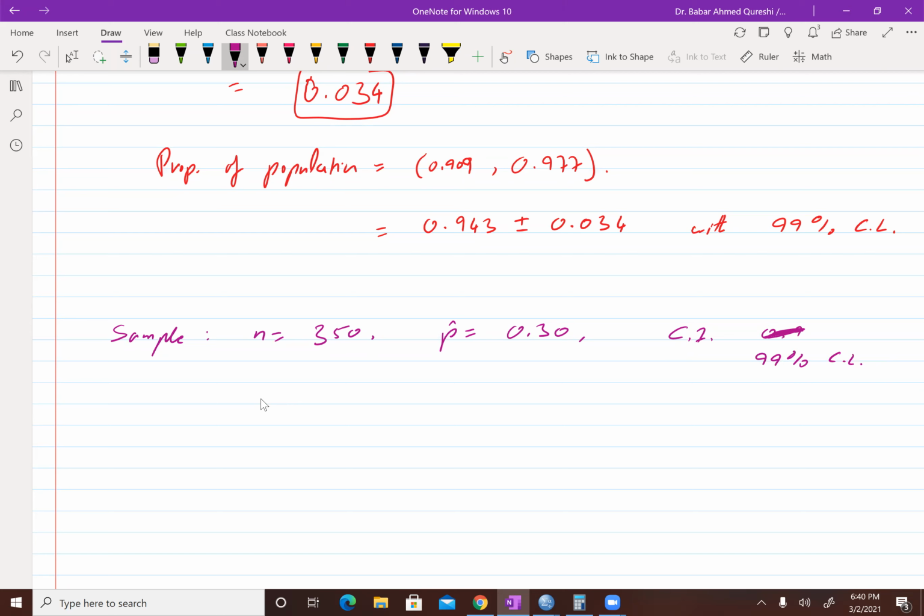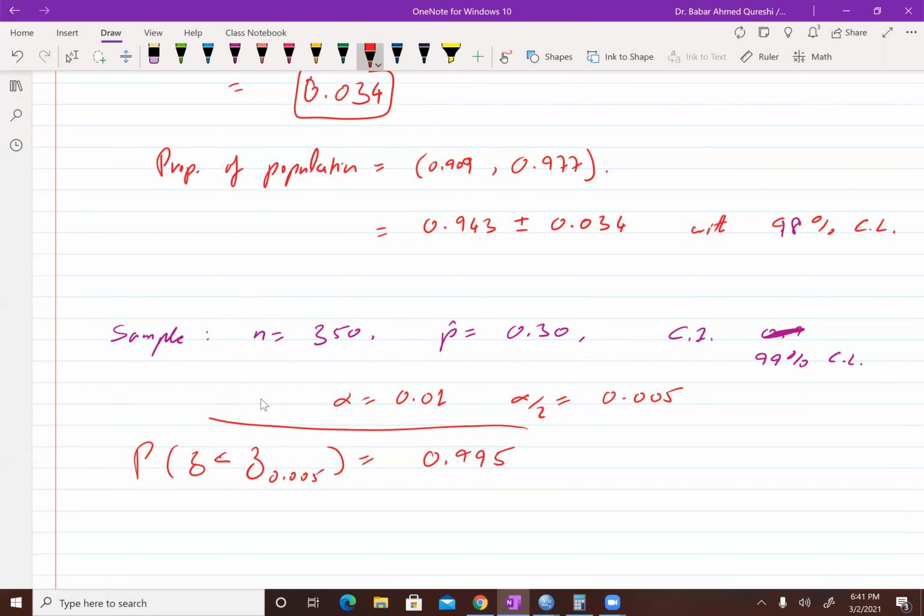Well, this was not 99, I think we assumed 98 before. This time we want to do 99. So alpha is 0.01. Alpha by 2 is 0.005. And the critical value Z, the probability that Z is less than this, is 0.995.